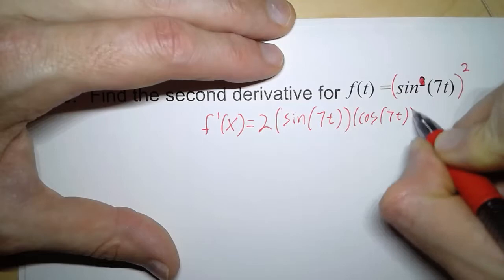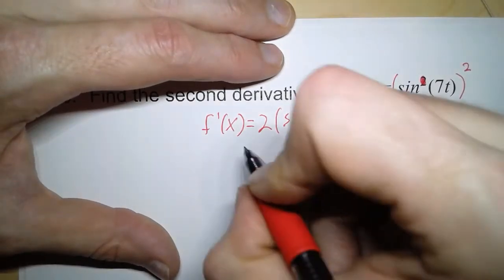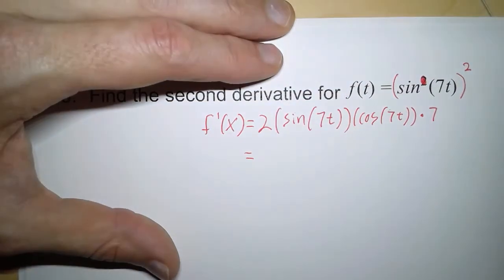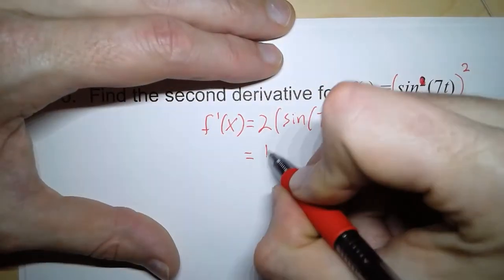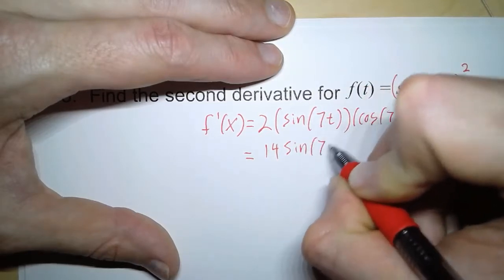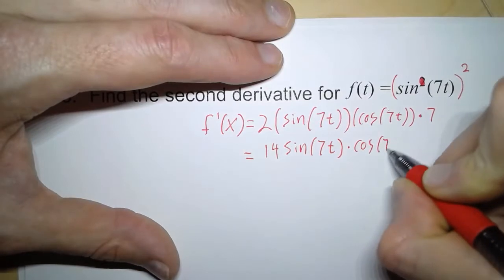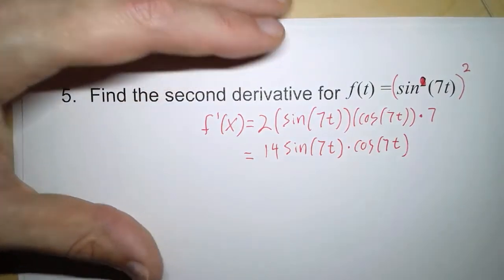And then finally we look at the derivative of 7t, which is 7. So in all we have 14 sine of 7t times cosine of 7t. So that's our first derivative.